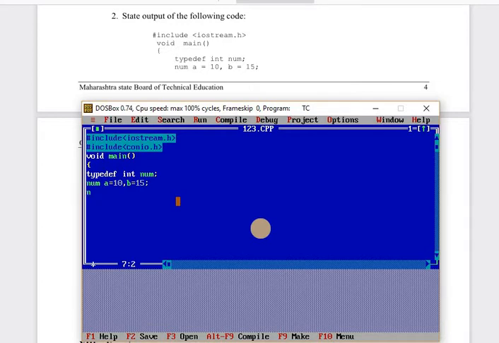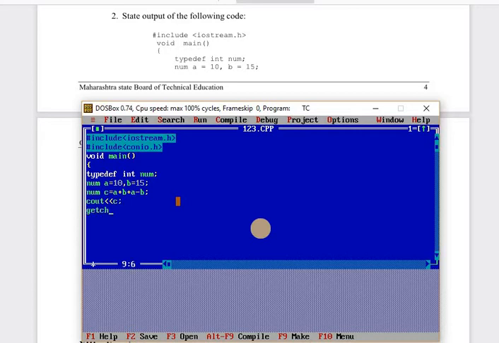Now num c equal to a plus b plus a minus b semicolon, enter, and cout c.